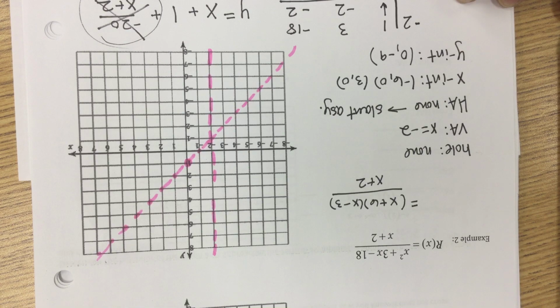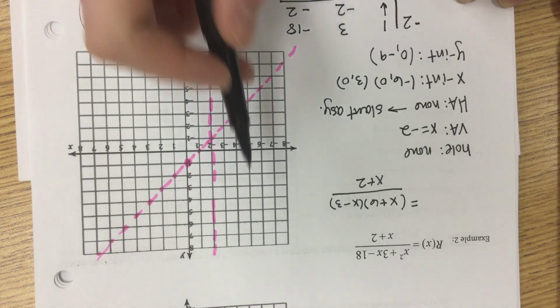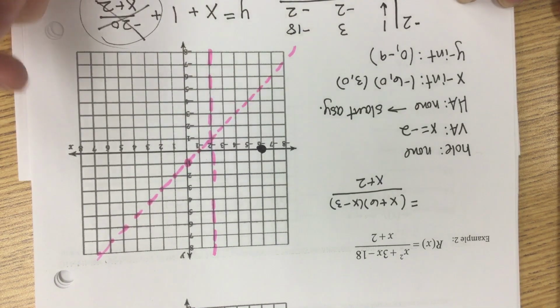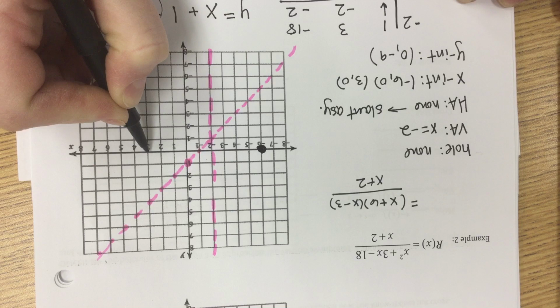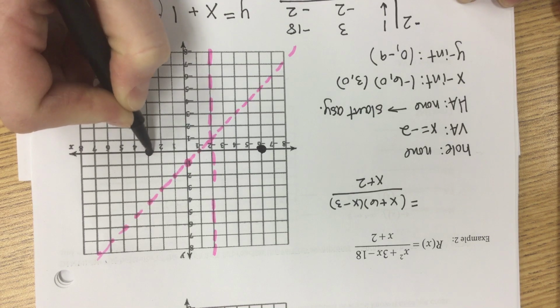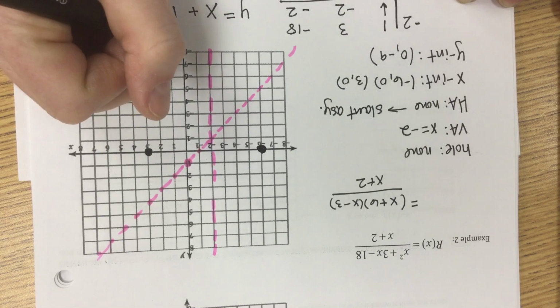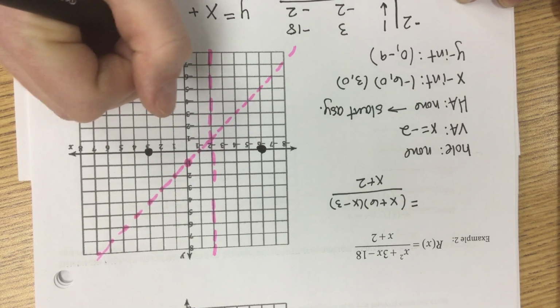And now I'm going to plot the other points that I know. So I also know I have (-6, 0), (3, 0), and (0, -9).